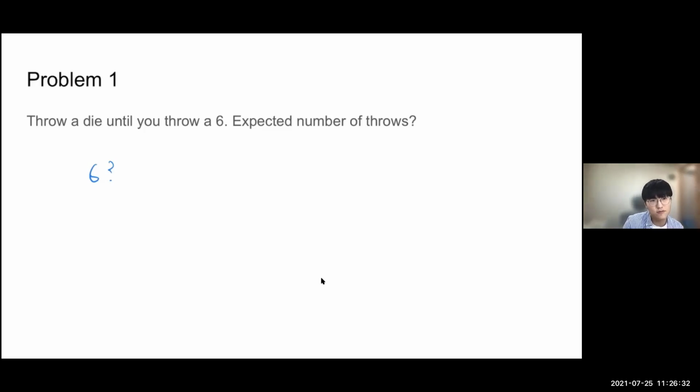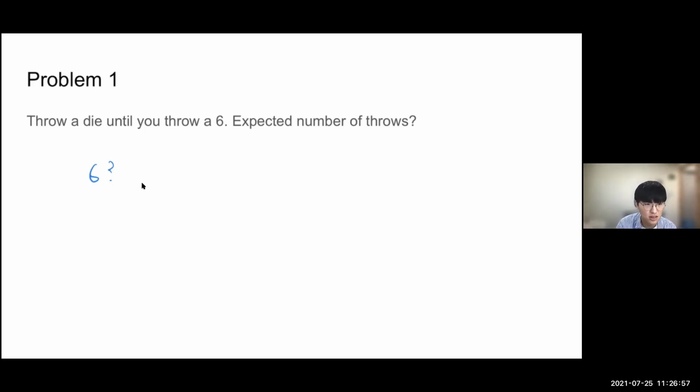I think 3 different people's arguments all basically boil down to: each number has probability 1/6 of showing up, so if you throw it 6 times, then that number will show up.